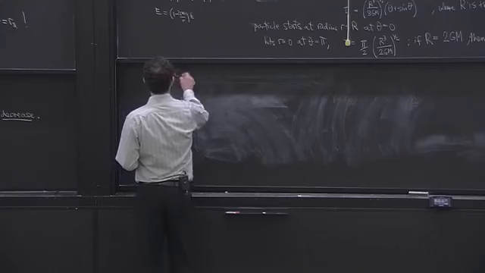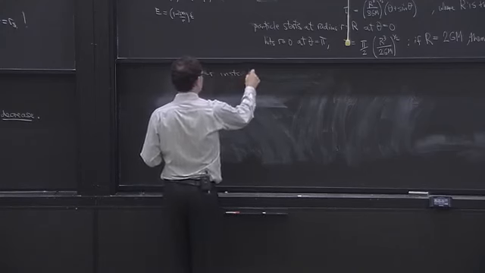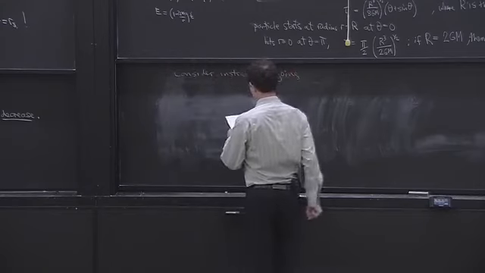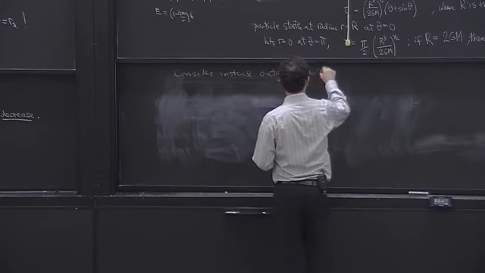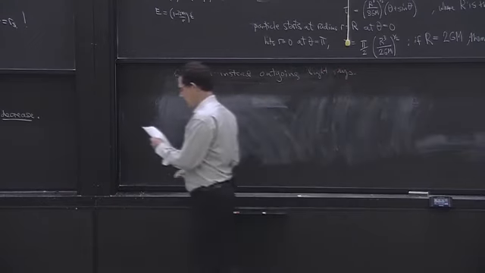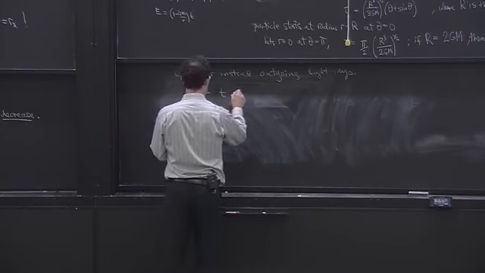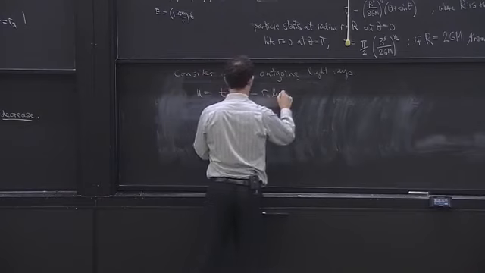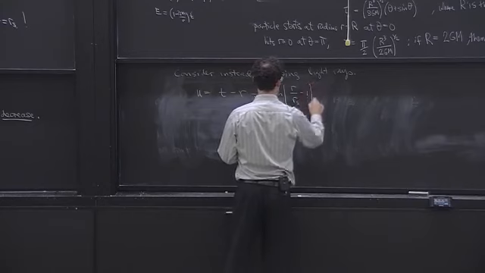Okay, so now let's consider instead outgoing light rays. And in the same way, we define U to be T minus R minus RS log modulus R over RS minus 1.